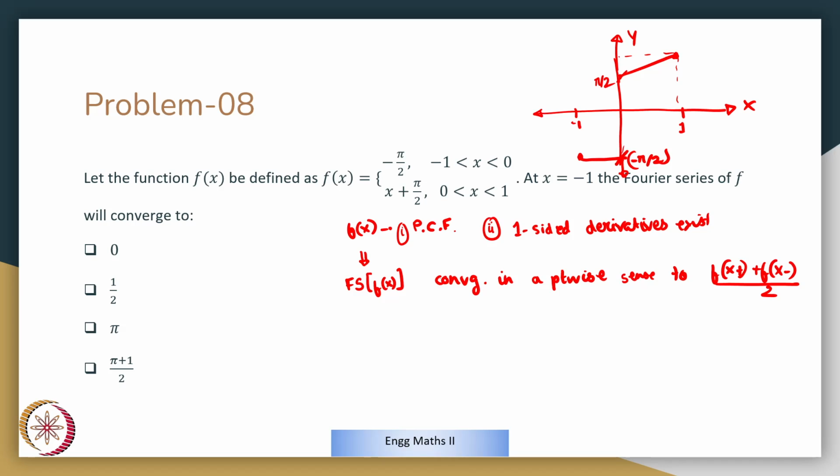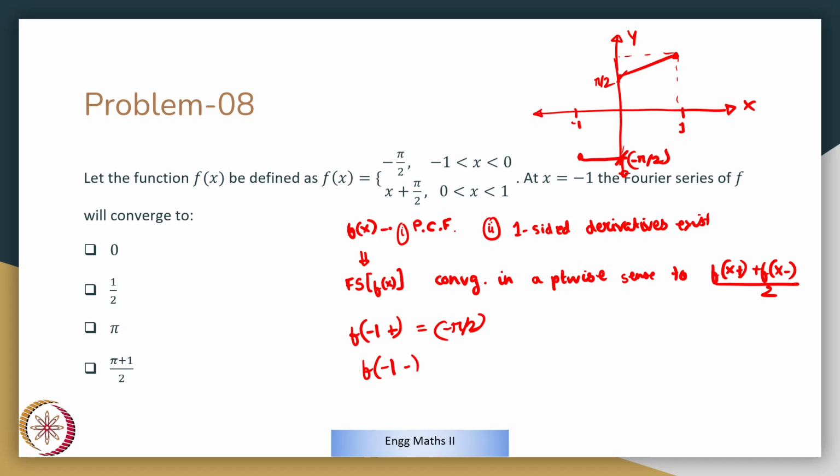In this case, f of minus 1 coming from the positive side, the right-hand side of minus 1, is nothing but minus pi by 2, and then f of minus 1 coming from the negative side. So we want to look at the negative side of this.